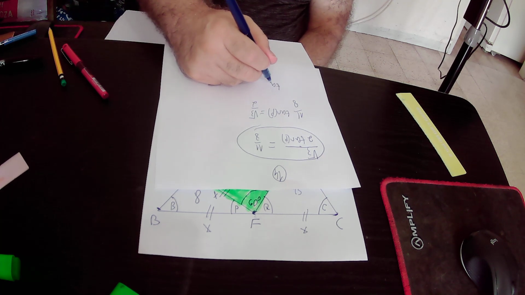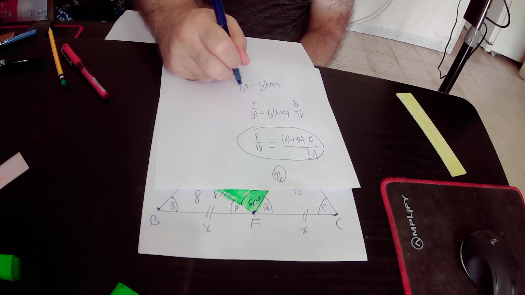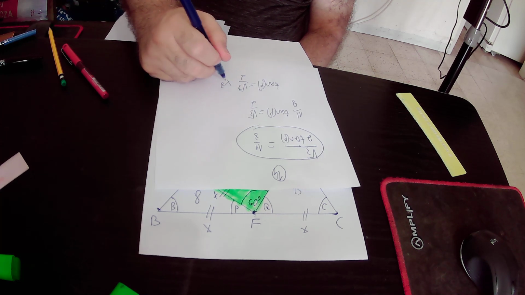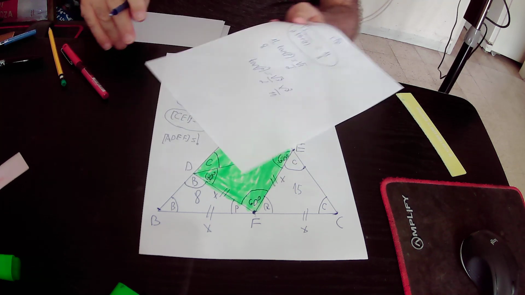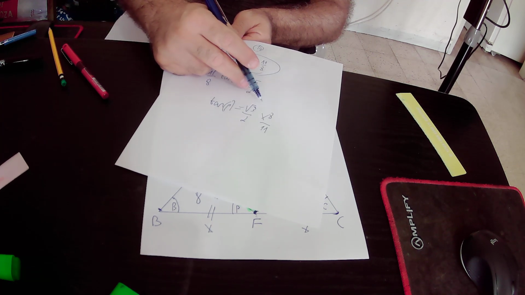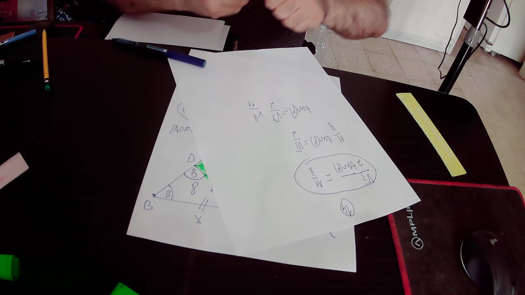We will get that tangent P equals root 3 over 2 times 8 over 11. So here 8 over 2 is 4.